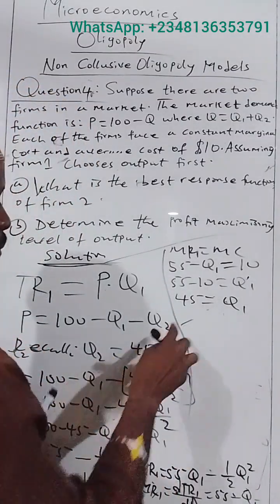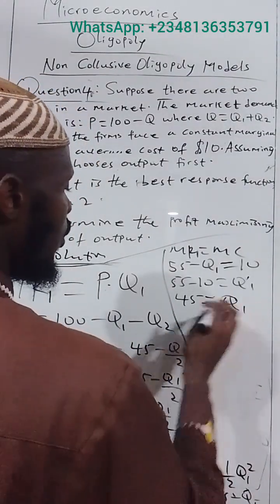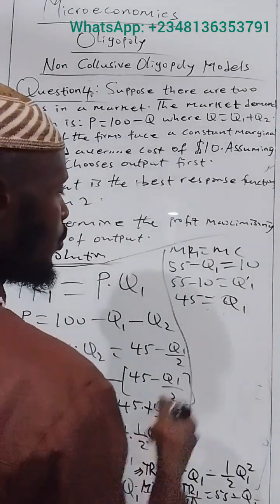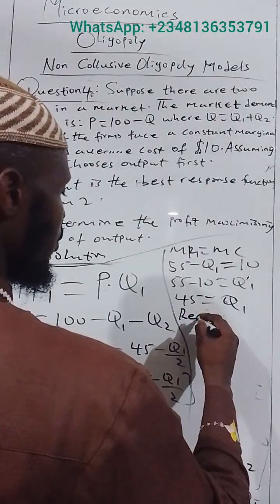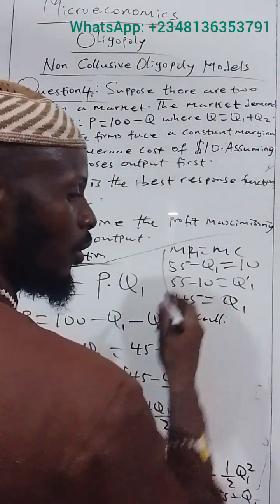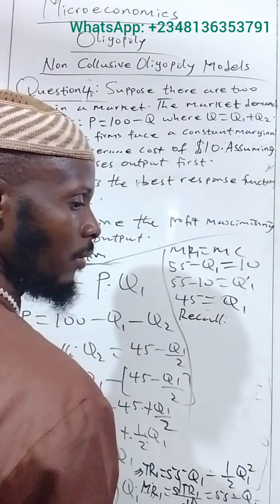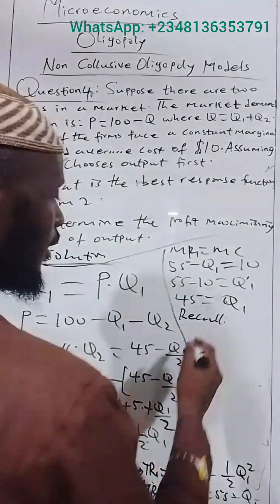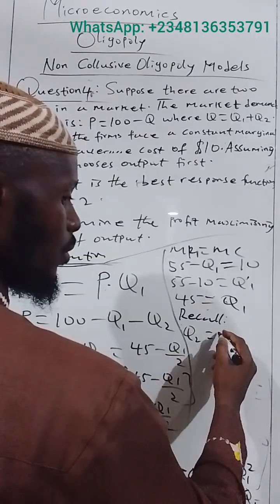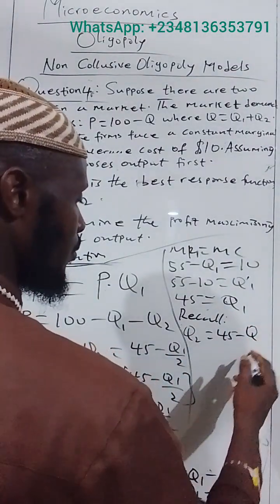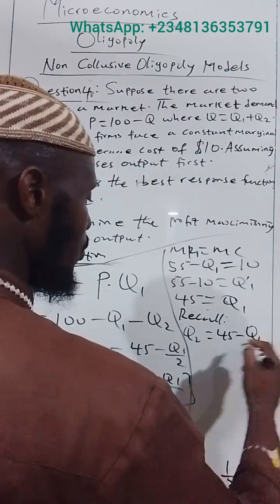Now we know the output of firm 1 is 45. What of the output of firm 2? So we are going to recall the reaction function of firm 2 that we got earlier, that Q2 equals 45 minus Q1 over 2.